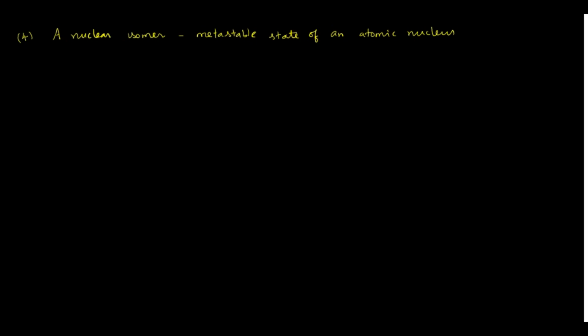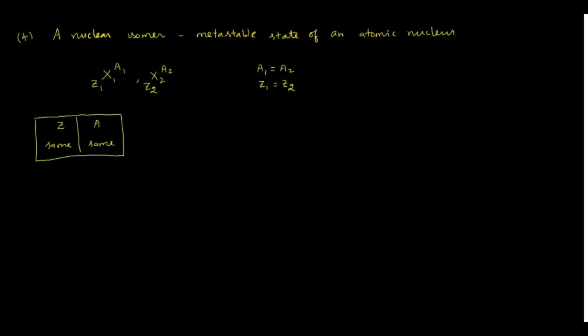Suppose I have two species, X1 with A1 and Z1, and X2 with A2 and Z2. Here A1 is equal to A2, Z1 is equal to Z2. So here it is the same, here it is the same.